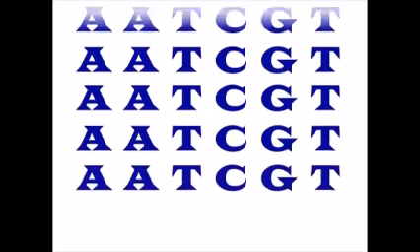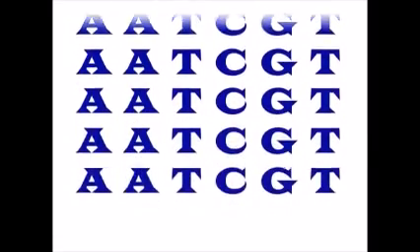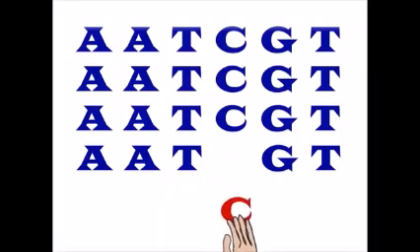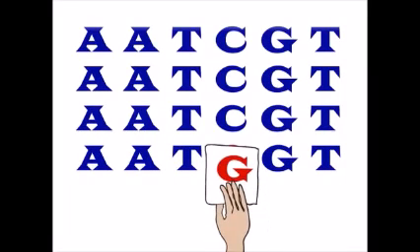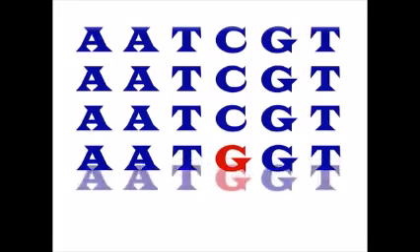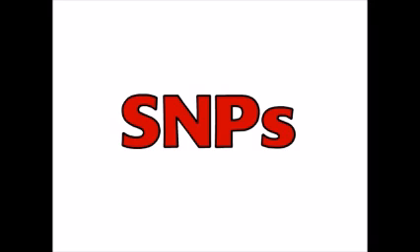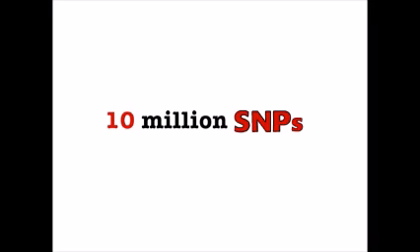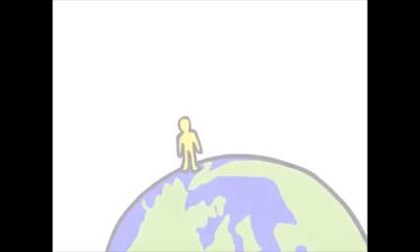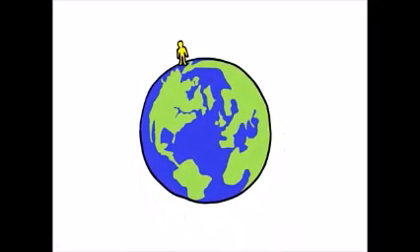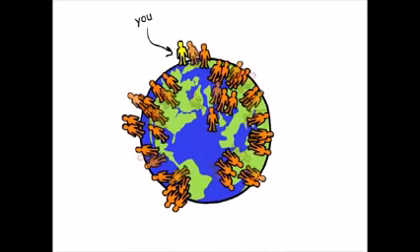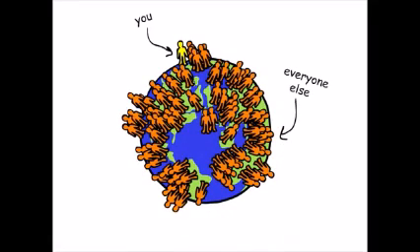Sometimes, when the genome is copied to make a new cell, a single base pair gets left out, added, or substituted. Single base pair substitutions create SNPs. There are around 10 million SNPs in the human genome, which account for many of the genetic differences between you and everyone else on the planet.